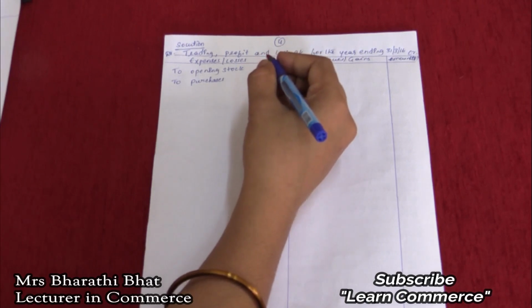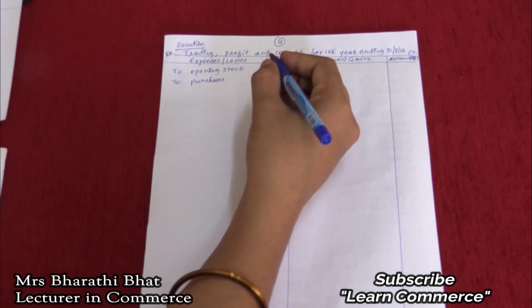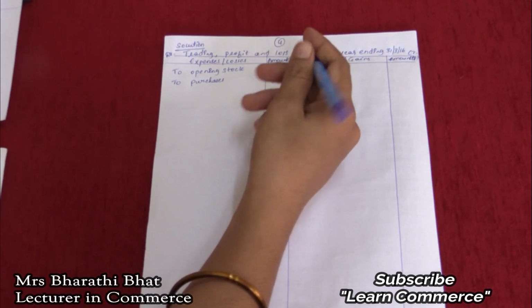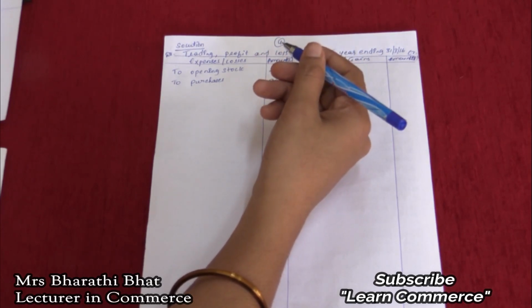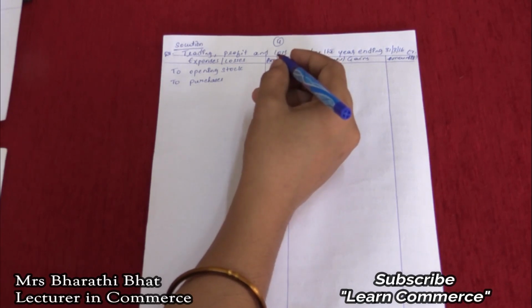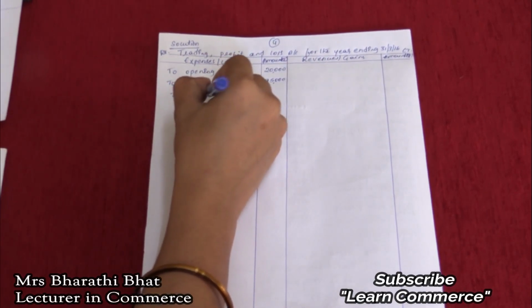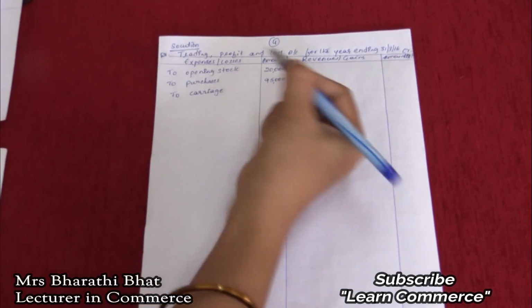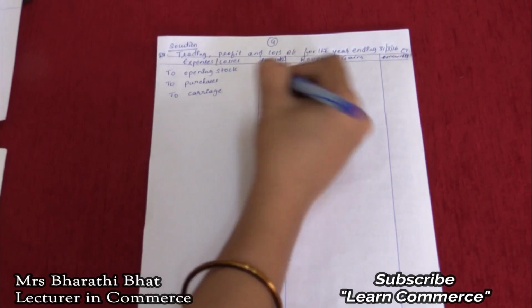Next, carriage. Here furniture, asset, drawings come under later calculation. Purchases we wrote, bad debts, profit and loss, carriage. So to carriage. What is the amount? 5,000.